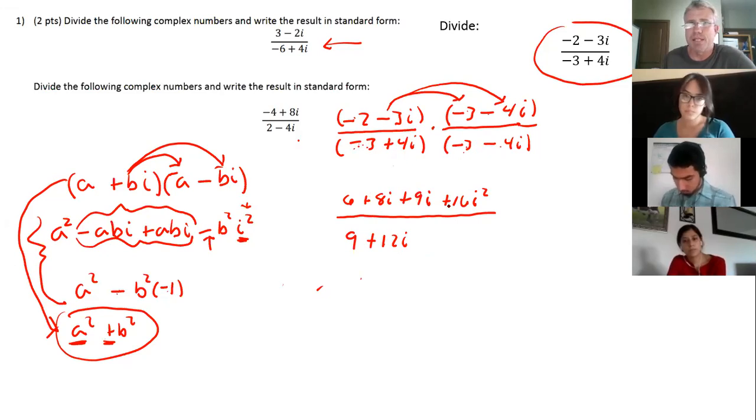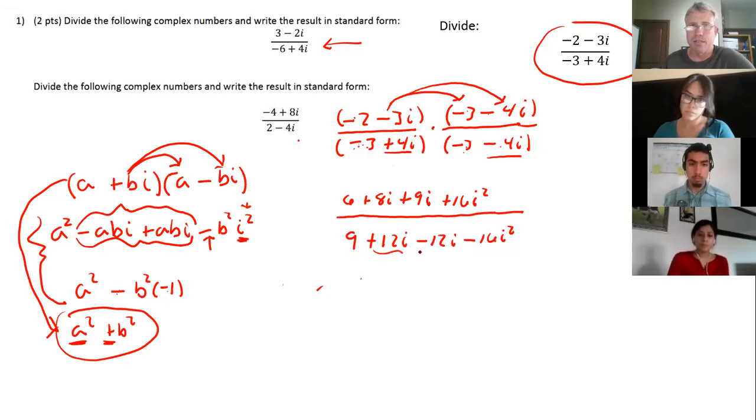Plus 4 times -3 is minus 12i. And then plus 4i times minus 4i is going to be minus 16i squared. And then just like we saw over here, the plus ab and minus ab canceled. Here's that canceling of the middle pieces happening, just like it does in the generic case.